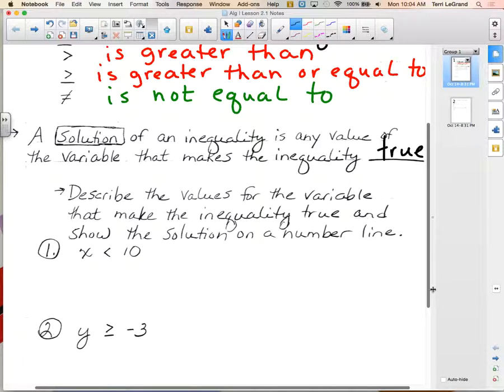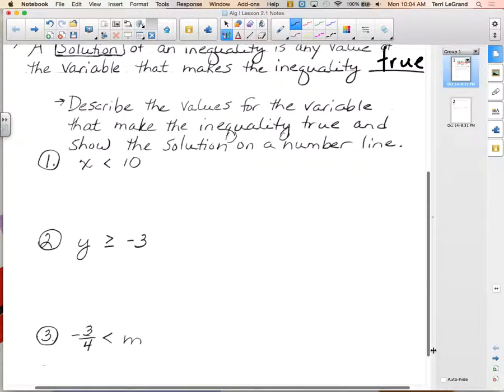Okay, so you're going to have to do some describing or writing out in words, being able to explain what the variable is representing. So describe the values for the variable that make the inequality true. Remember, we only want the ones that will make it true. And show the solution on a number line.